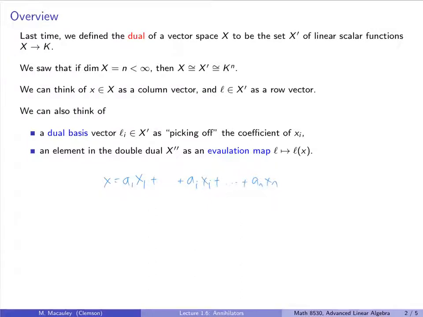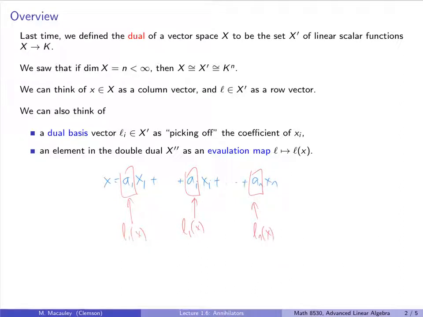Obviously this is a basis, then there's a dual basis, and L1 just picks off A1, Li just picks off Ai, and obviously Ln just picks off An, and so forth.